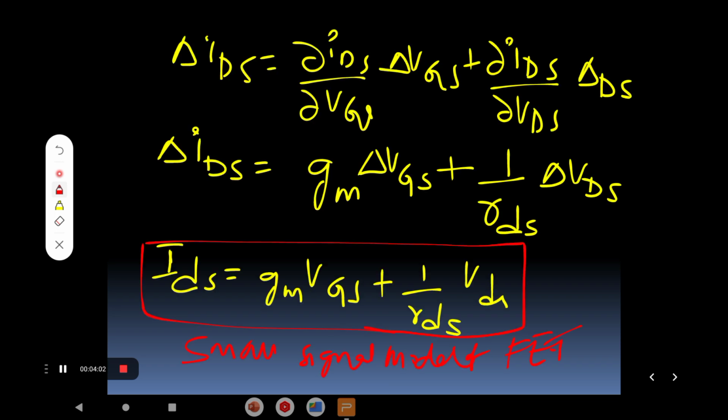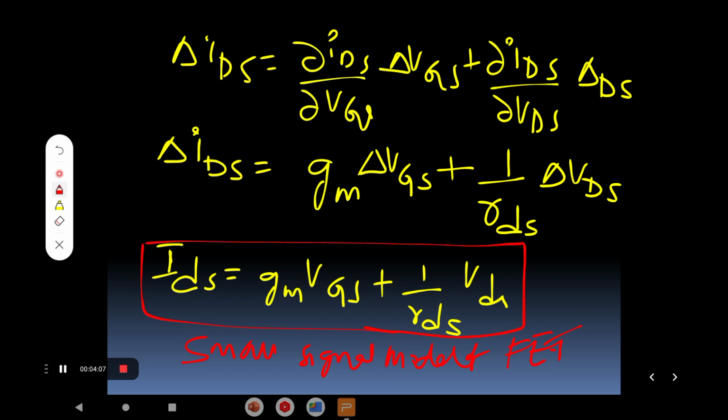So at the same time, the gate is at open circuit with respect to the source, because zero current flows from gate to source. So with the help of the previous equation, how can you represent this one? IDS is equal to drain current.